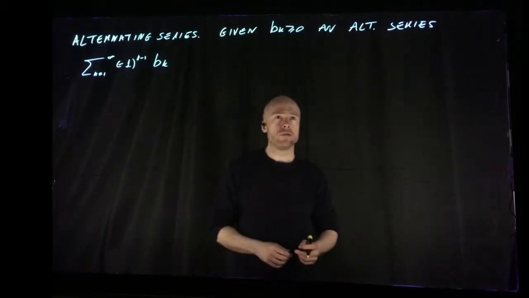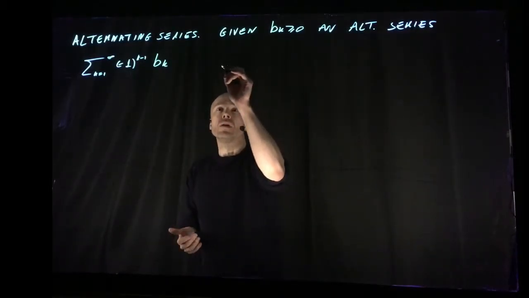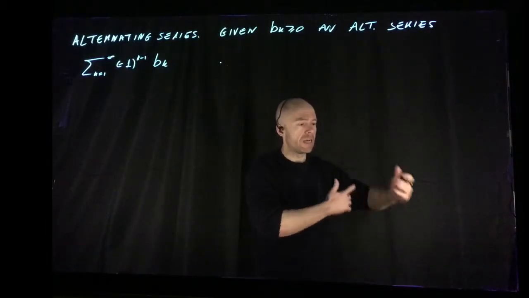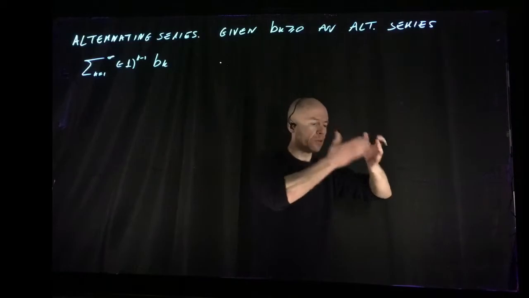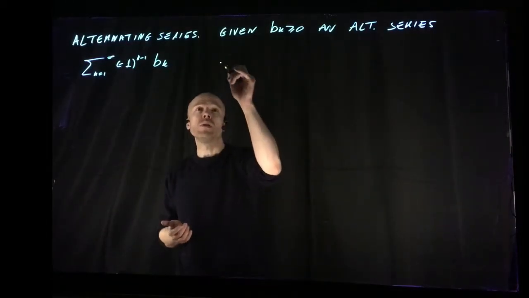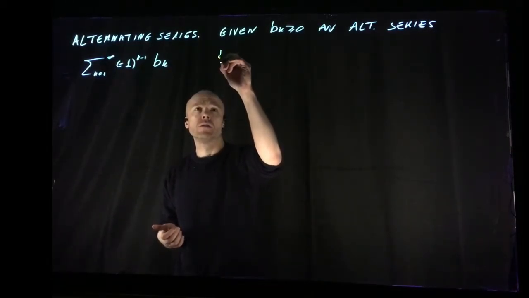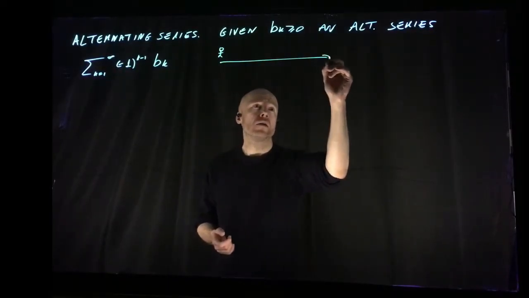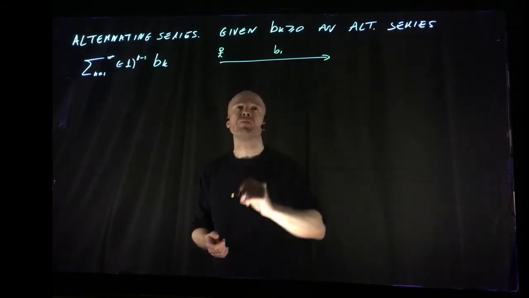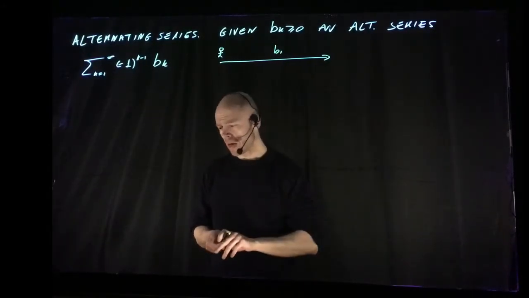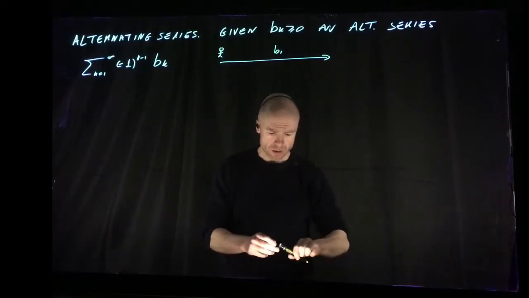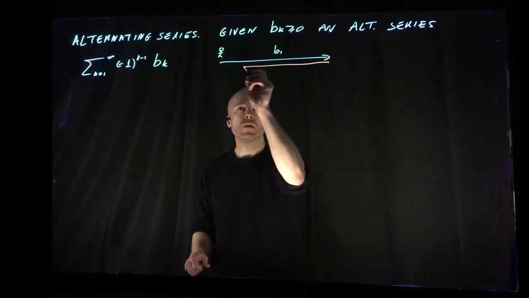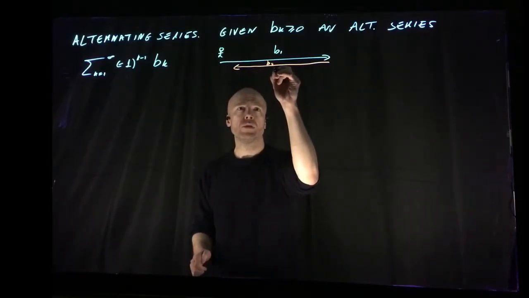So let's try and visualize what it does. It's a good idea to think about a series as doing this infinite collection of steps and trying to have some notion of where you'll end up at infinity. So if we start from here, this is us, and we're going to go forward by b1. And then we're going to go backwards by b2.